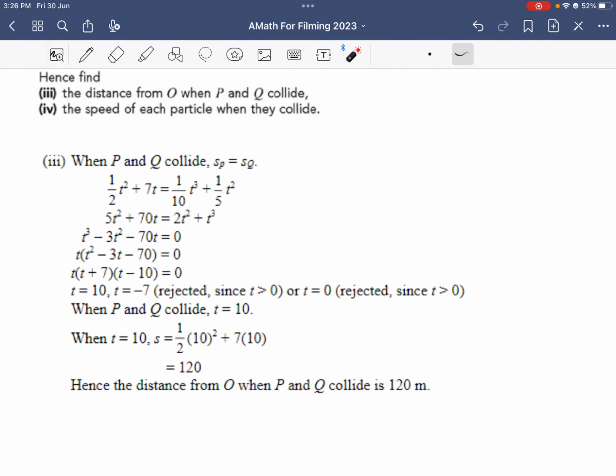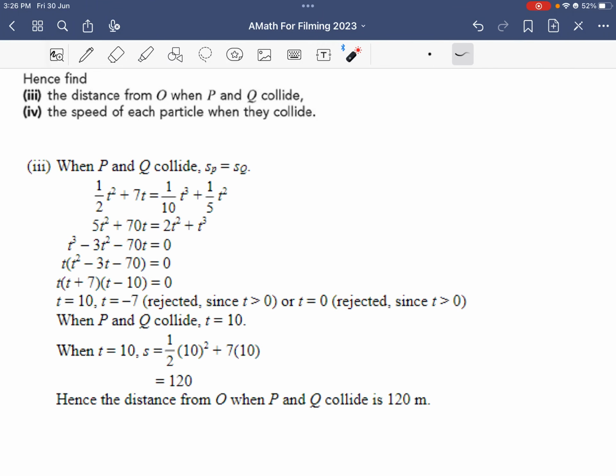Now, the distance when P and Q collide. Remember the Hougang Mall and school analogy. In order for them to collide, they need to be at the same place, so the displacements are equal. We equate the two displacements that we got from part 2, simplify the equation, and factorize. You get t is 10, t is 0, and t equals negative 7.